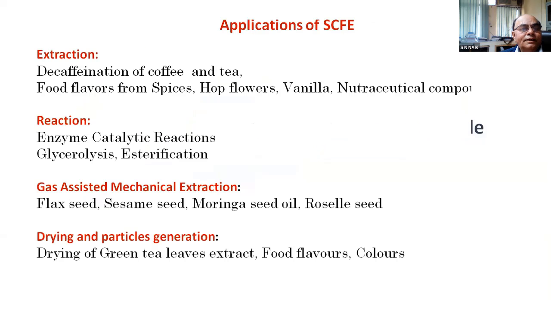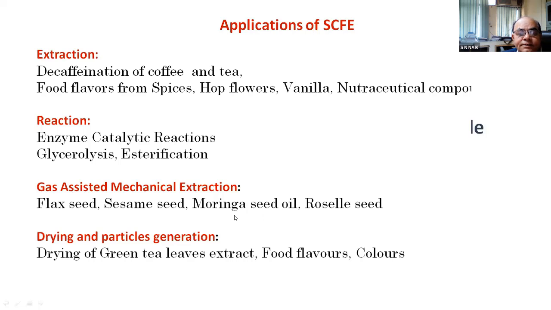In supercritical, there are many applications like coffee, tea, spices, vanilla, then extraction of nutraceuticals. Supercritical carbon dioxide is also now used as a reaction medium in enzymatic catalytic reactions in the food industry, like glycerolysis, esterification, and all that.